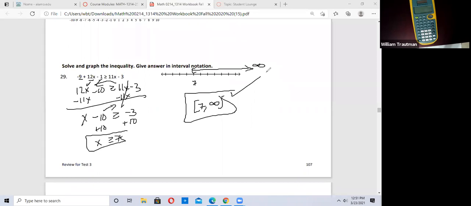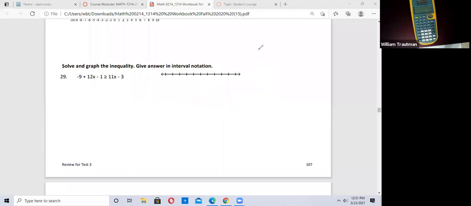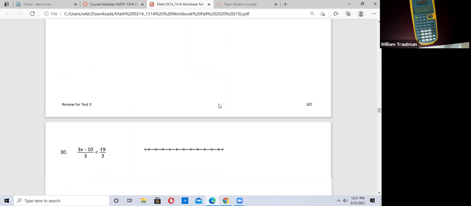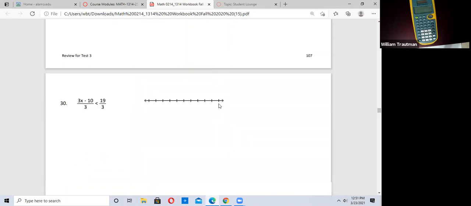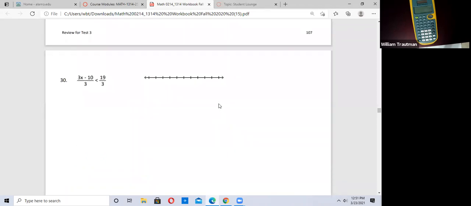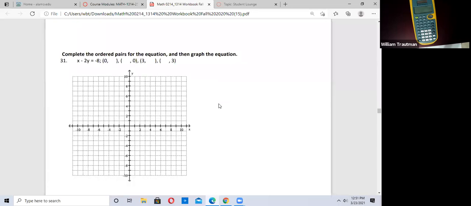The test is multiple choice, but I've seen people fail multiple choice tests miserably. Please study. Please know how to do this. Be caught up. I'm hoping everybody's caught up on their homework, because studying can't happen until homework's done. I tell everybody that. It's hard to study if you haven't done the homework, because on the homework, you're just trying to complete it.